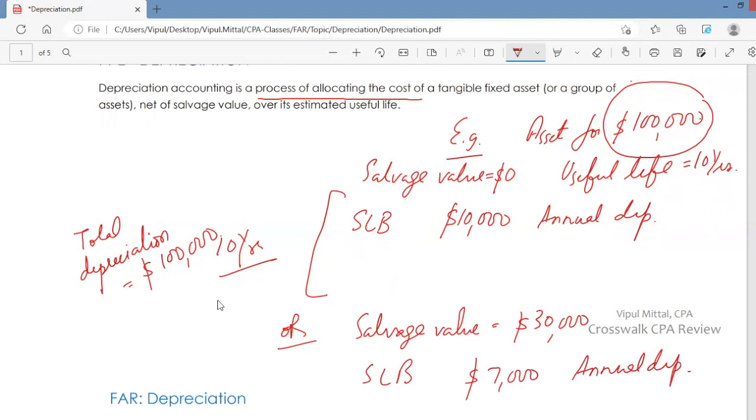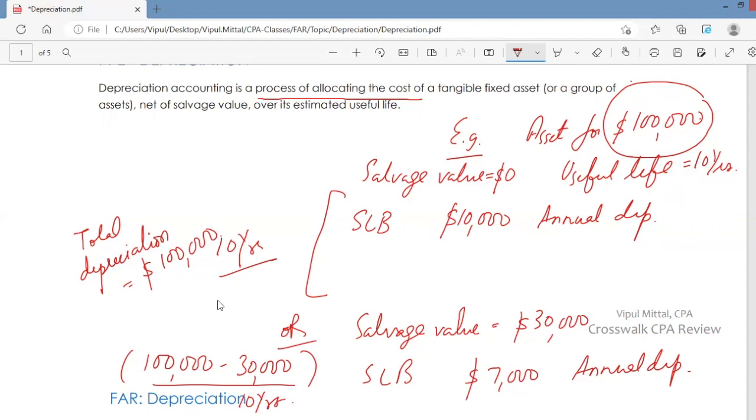How do you calculate this? Cost minus salvage value divided by useful life. So depreciation accounting is a process of allocating the cost net of salvage value over the useful life.